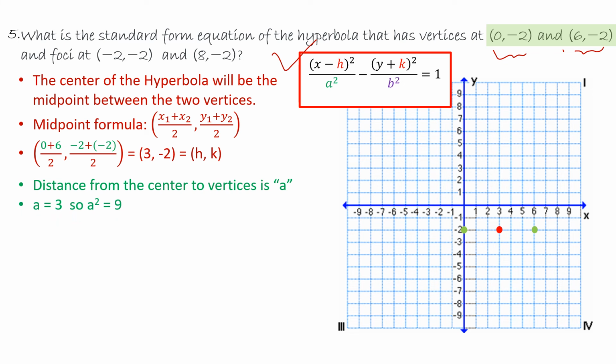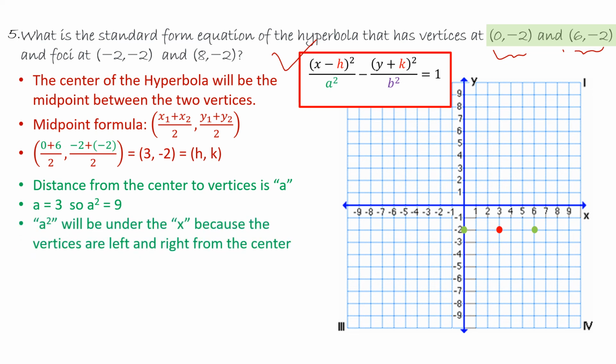So a is 3. From the center to the vertex, it's 3. So a squared is 9. A squared will be under the x because the vertices are left and right from the center, and it's obvious that it's a horizontal hyperbola.